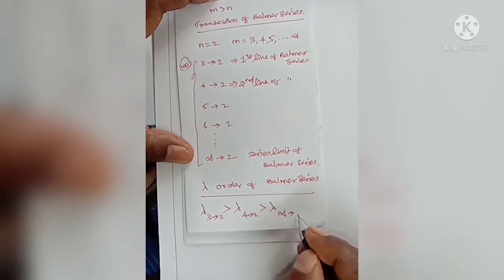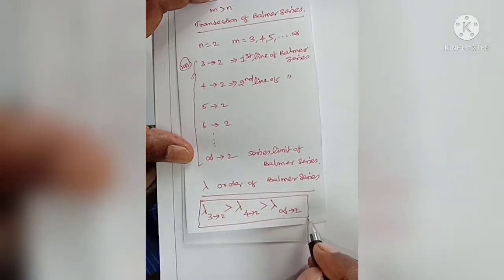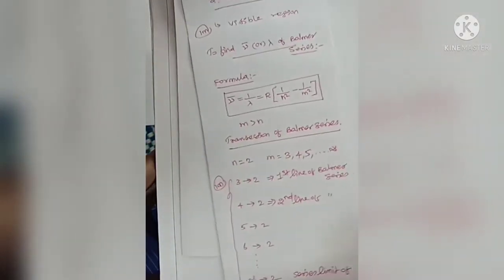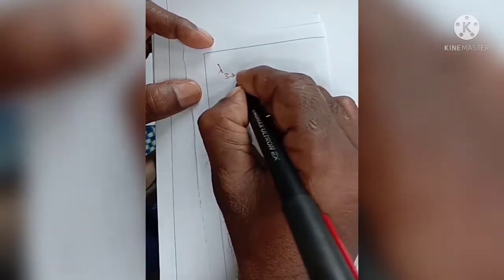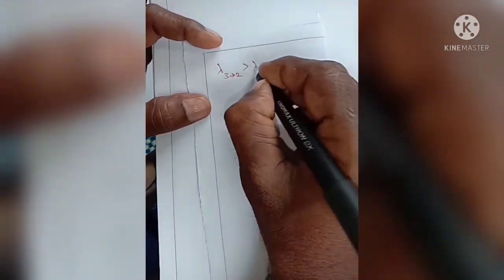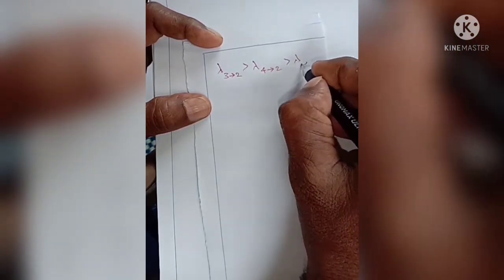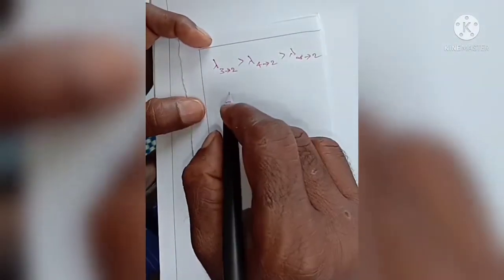So 3 tends to 2 greater than lambda of 4 tends to 2 greater than lambda of infinity tends to 2. So this is the wavelength order of Balmer series.